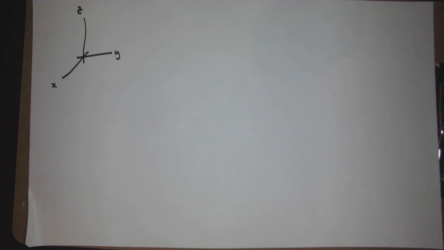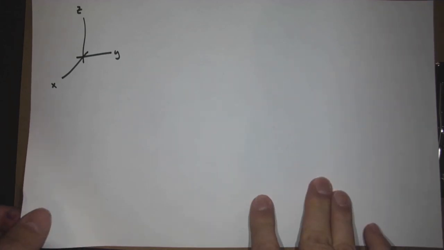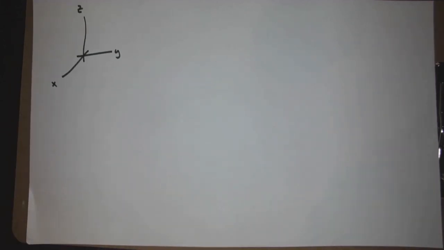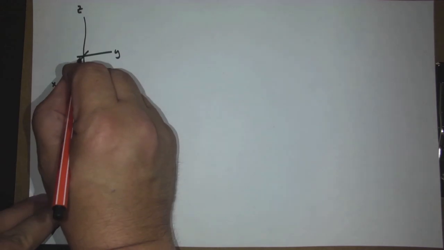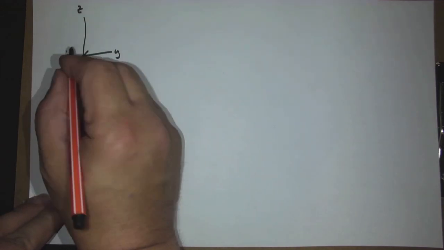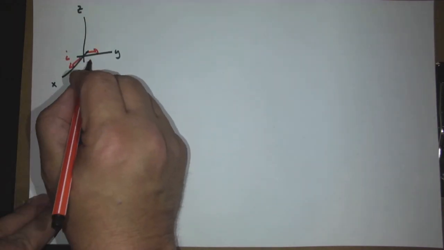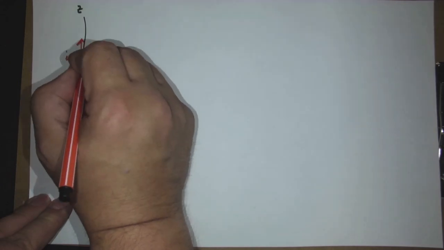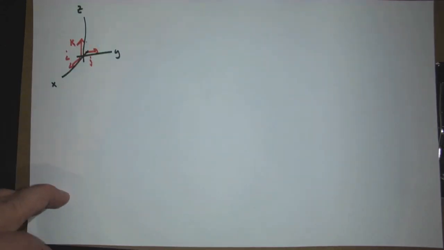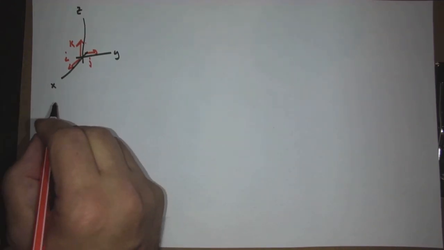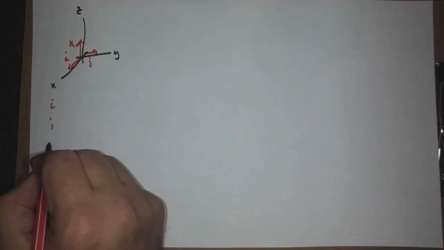And we're going to identify three vectors, and we're going to call them i, j, and k. Now, what are they?